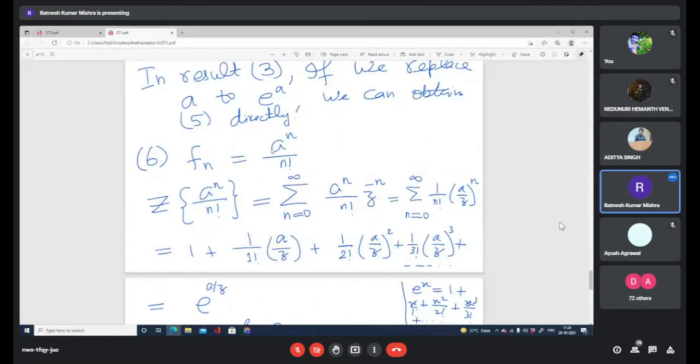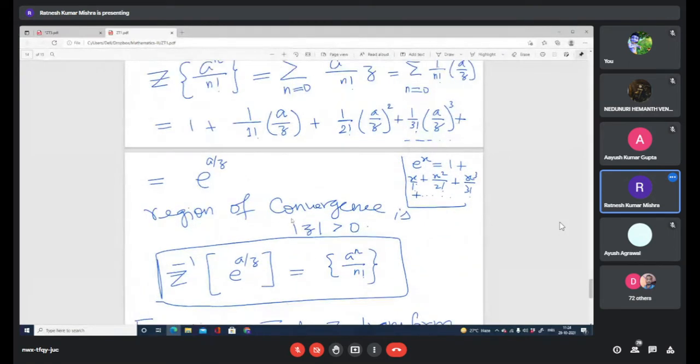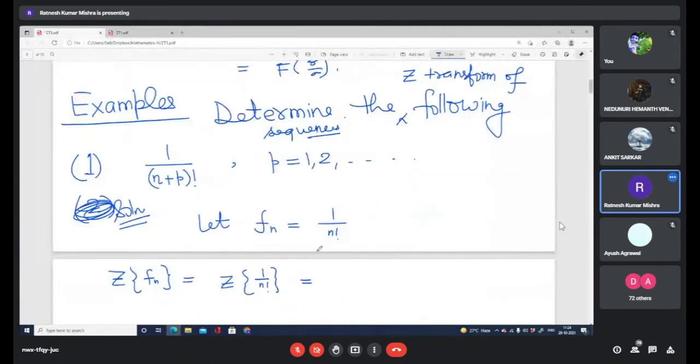Look, the z transform of this one. Now in this one substitute a equal to 1. What were you saying? e raised to the power 1 by z. Correct. In this one a equal to 1, so this is e raised to the power 1 by z.